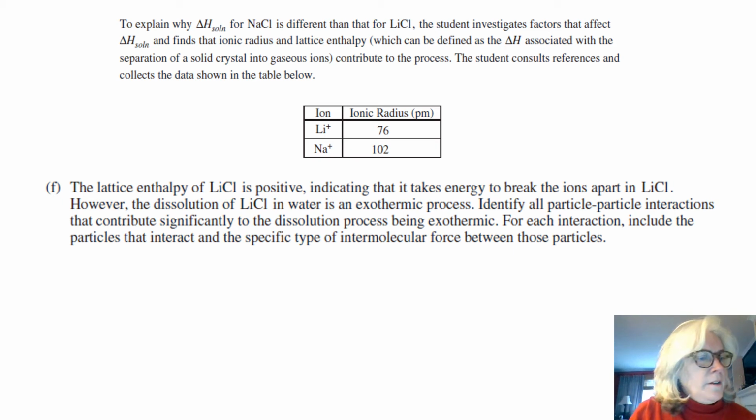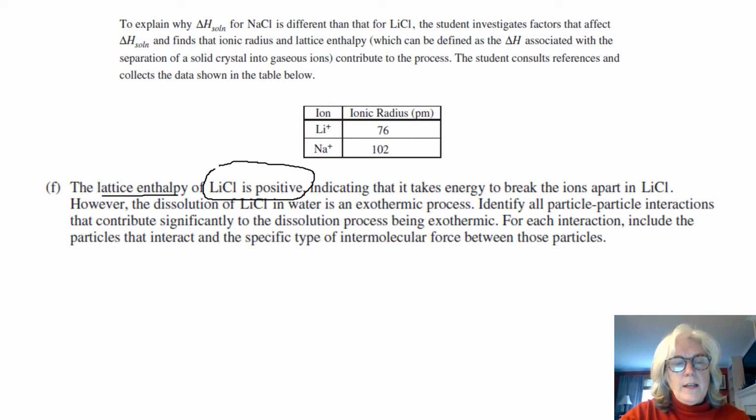The last part of this question is about the lattice energy, and this gets into the IMFs. There's a couple things happening here. Let's read through the problem. Lattice energy for lithium chloride is positive. So lattice enthalpy, sorry, indicating that it takes energy to break the ions apart.